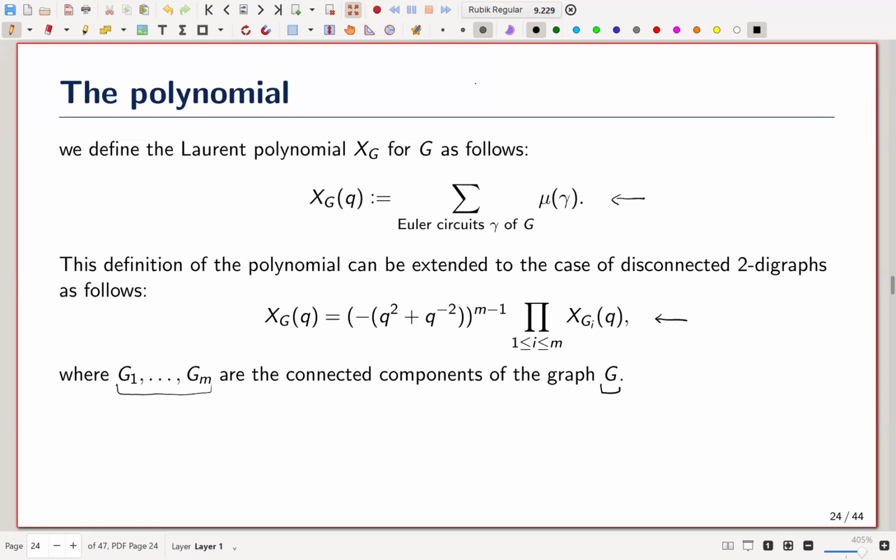Now you say that the first definition will give you the second definition, and I don't see why it should be so. I'm not actually saying that the first definition will give us the second definition. The second definition is an extension of the first, in the sense that if you have a connected graph here, this factor will not appear. Okay, yes.